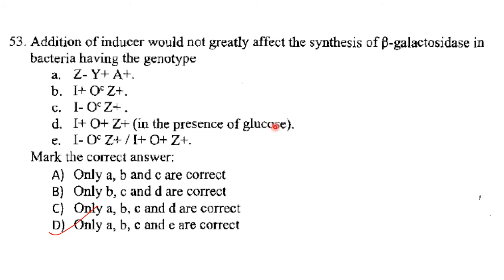So RNA polymerase cannot bind and no transcription and translation of operon genes takes place. Then next one. This genotype is a partial diploid. So in the partial diploid, I is mutated, the operator is constitutive, Z plus is active.